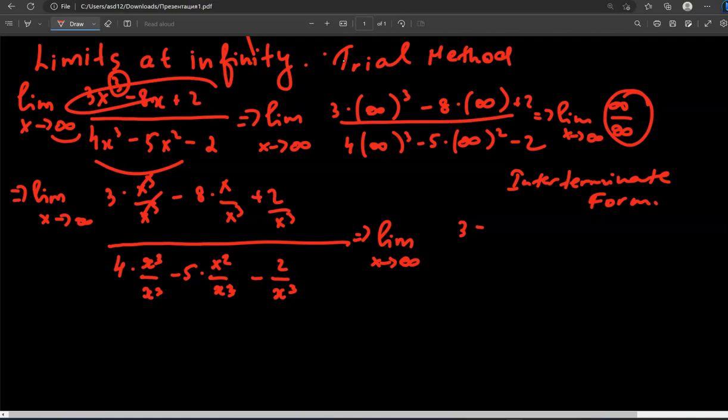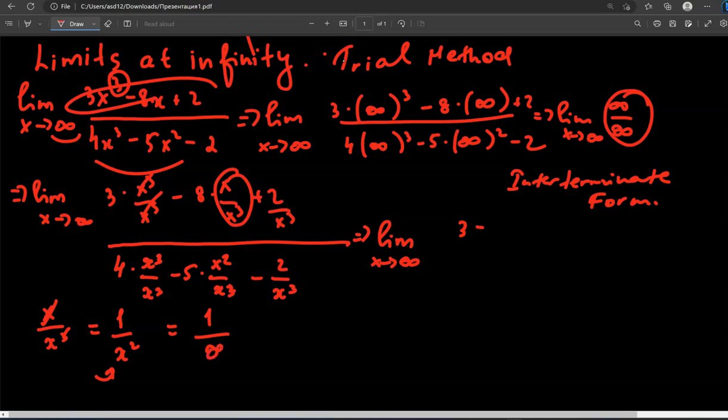As you can see, it's x divided by x cubed, right? In this part, the x and the exponent cancel, and we have 1 over x squared. So if you put infinity into x, it's 1 over infinity squared, which is 1 over infinity.